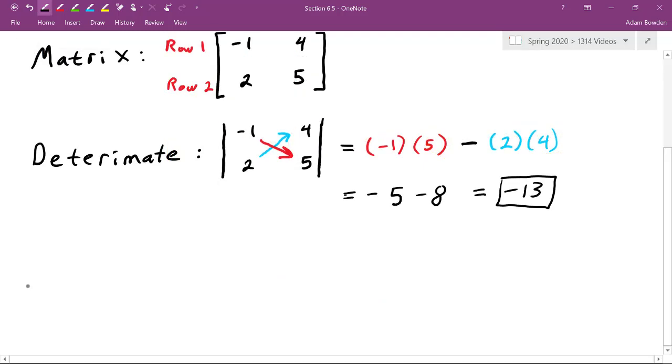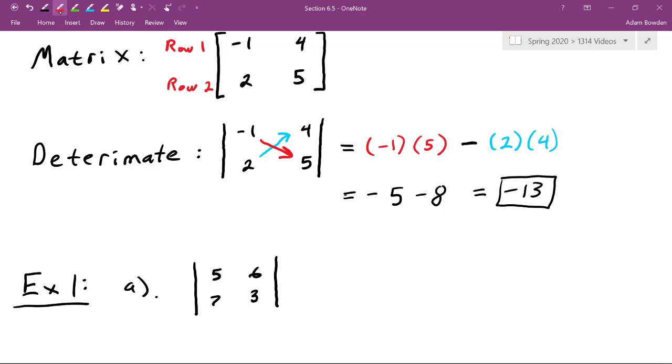So let's look at a few more examples of determinants. Let's start out with the determinant that has 5, 6 in the first row and 7, 3 in the second row. The first thing I'll do is multiply down diagonally. So we'll multiply 5 times 3.